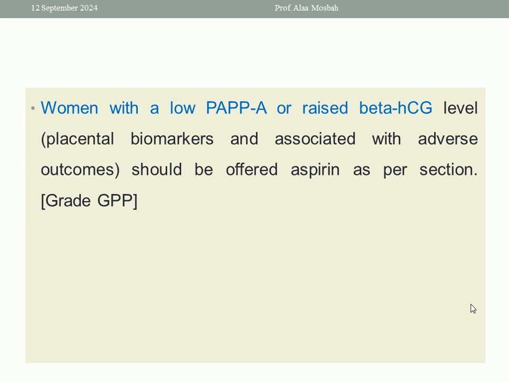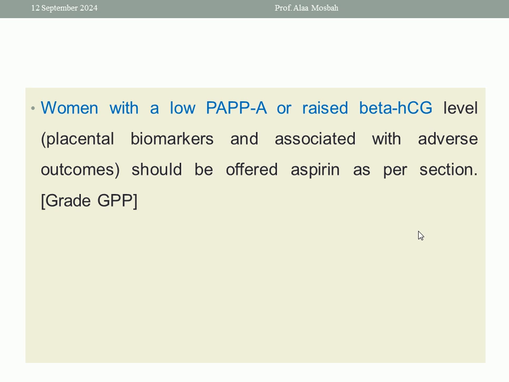What else? Women with low pregnancy-associated plasma protein A or raised beta HCG level, which are considered placental biomarkers associated with adverse outcomes, should be offered aspirin as prophylaxis.